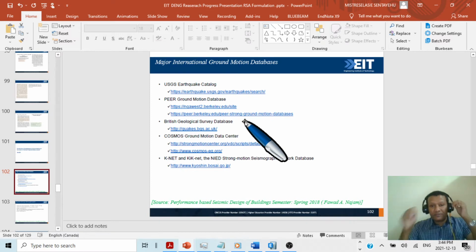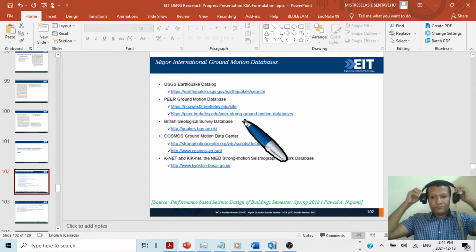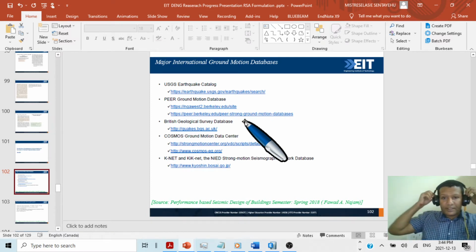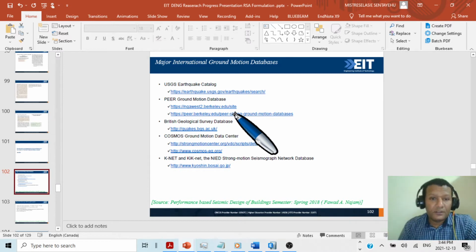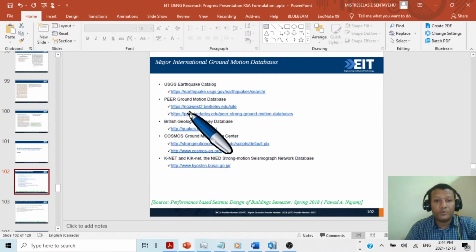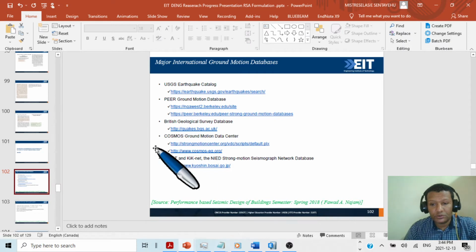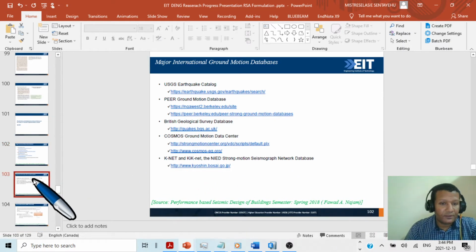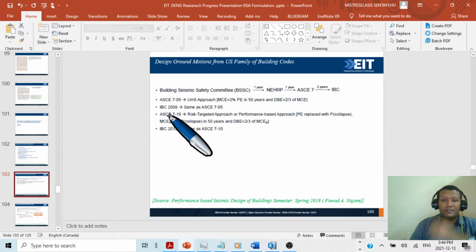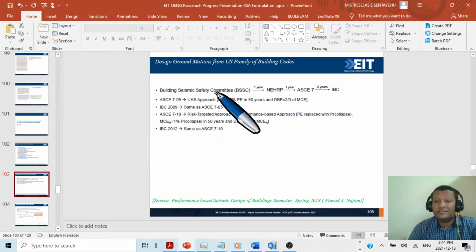All of them have the data, so we can extract. But for our case, the most popular one is PEER ground motion, so we will use it.